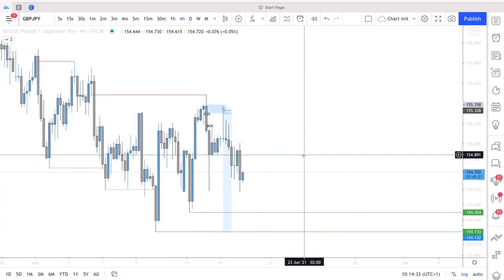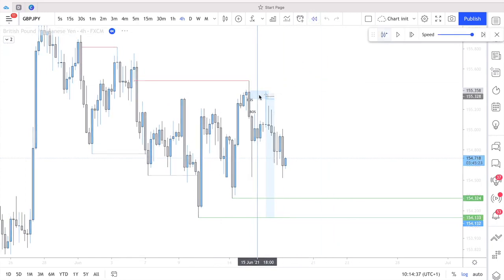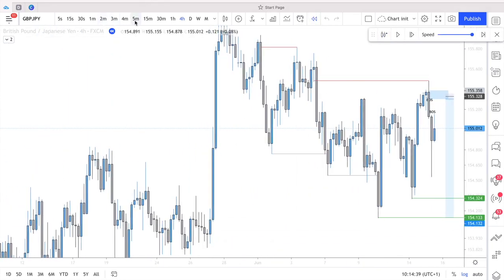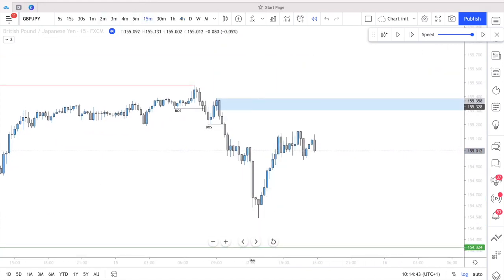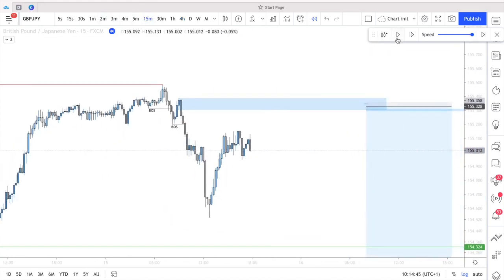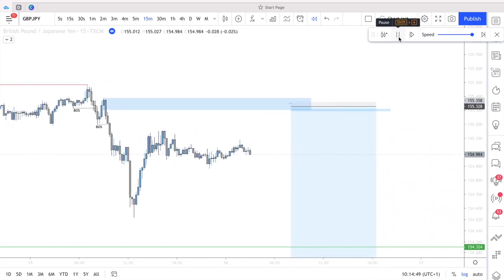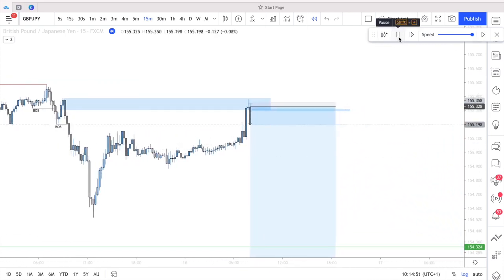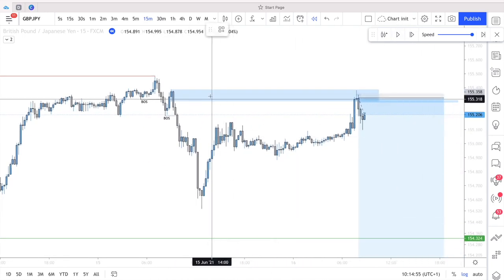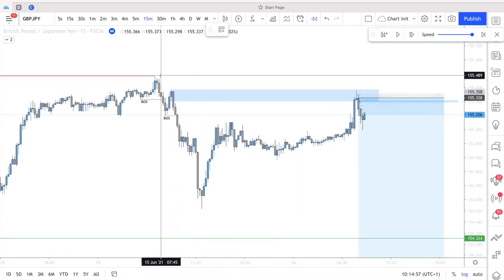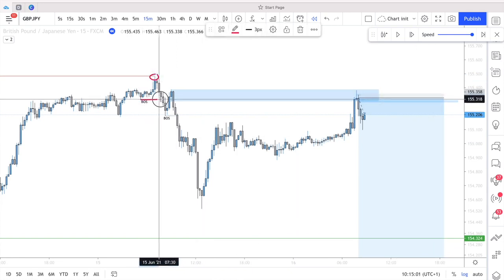Now that we have this mitigation here, if we zoom into that and go to the 15-minute time frame, let me play this out just a little bit. From the last point of mitigation, we have a mitigation point here, and then this went on to break structure.